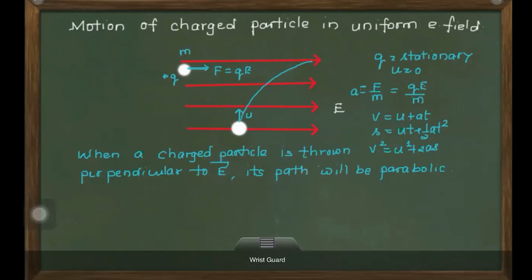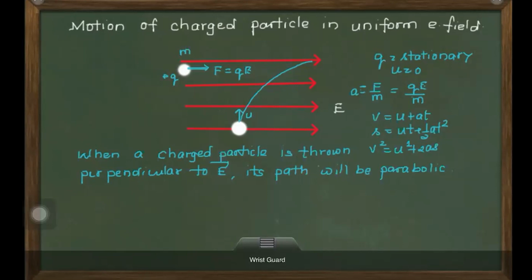Yes, there is a question in the inbox. Sir, if Q1 is stationary, this is the question from Pritika. Sir, if Q1 is stationary, will it experience acceleration? Yes, it will experience acceleration, because acceleration is due to the interaction of charge with the electric field.